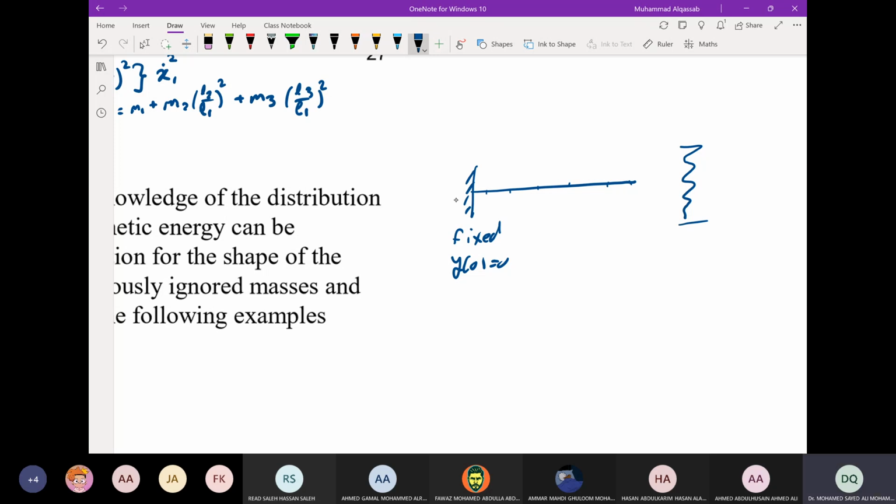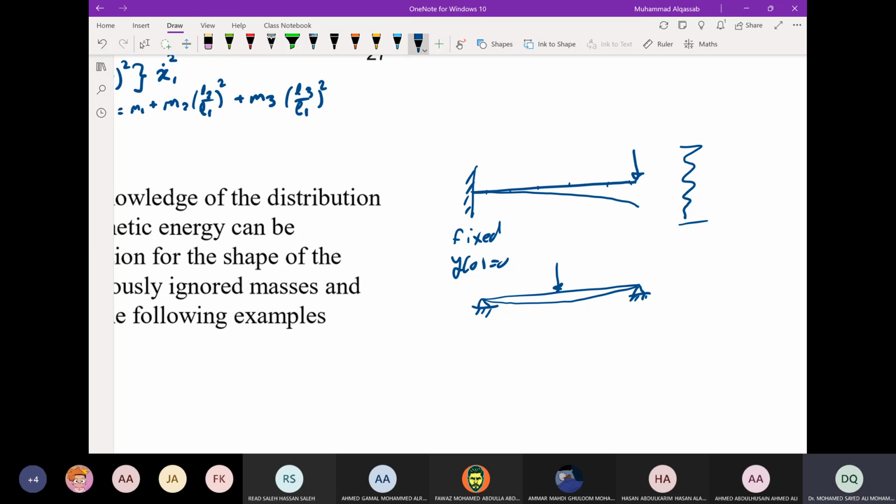Simply supported beams also will have zero displacement here and zero displacement here. But if this is loaded, as with the cantilever beam, then there will be relative motion, a deflection. Also, the cantilever beam under this load will make a deflection.